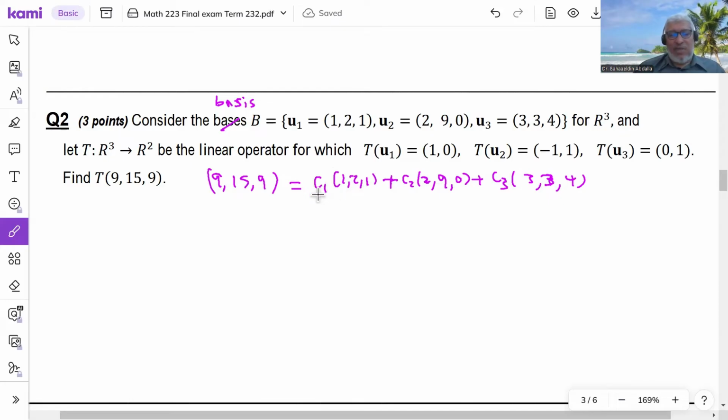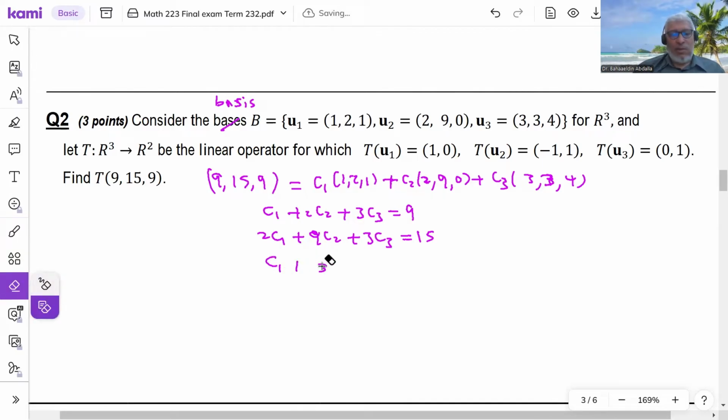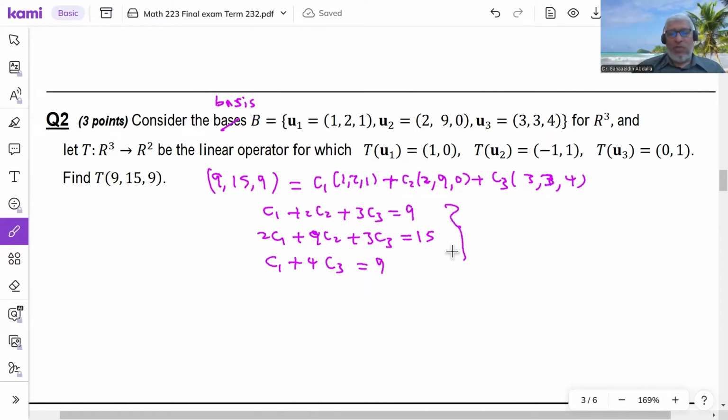You will have a system: C1 plus 2C2 plus 3C3 equals 9, and 2C1 plus 9C2 plus 3C3 equals 15, and C1 plus 4C3 equals 9. You can solve this system by the calculator if you like.